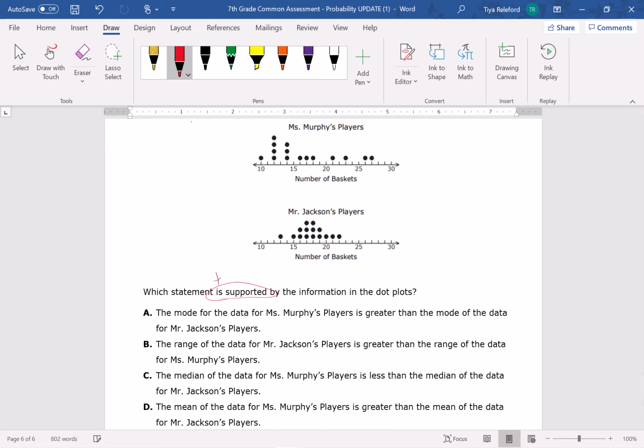The median, you need to mark off the dots till you get to the center. Not with your fingers, with your pencil or with your red pen.